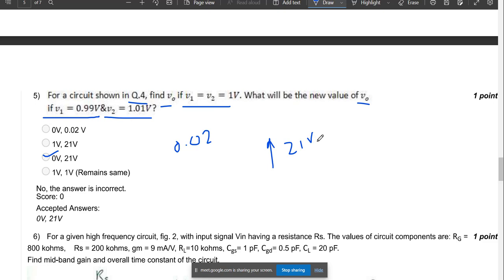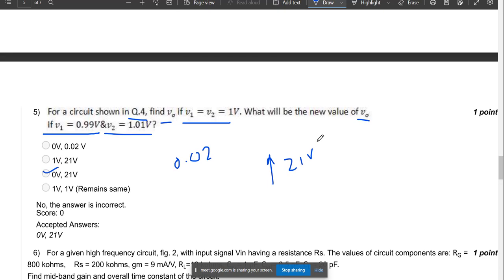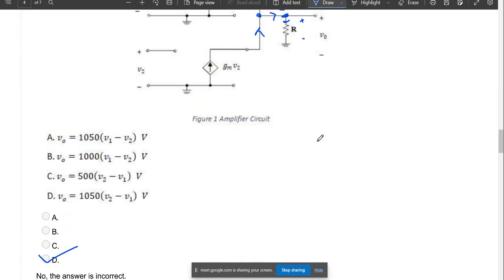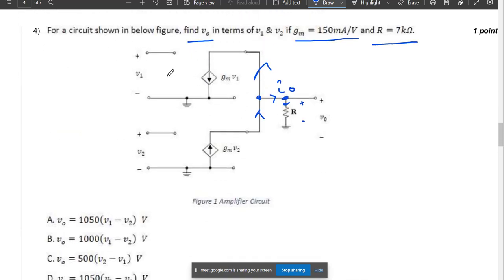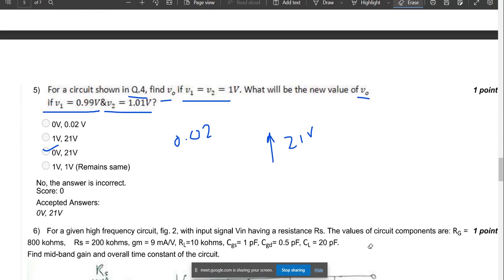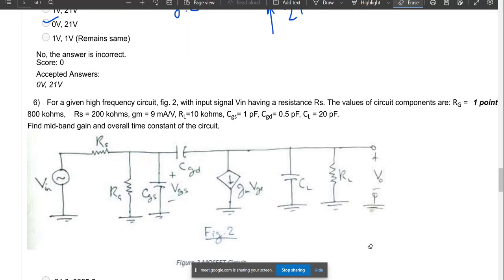This says that this is a good amplifier, a good subtractor, because it is very sensitive. Even a 0.02 difference, it can sense. Understood? This is the meaning here. Okay, so let's go.